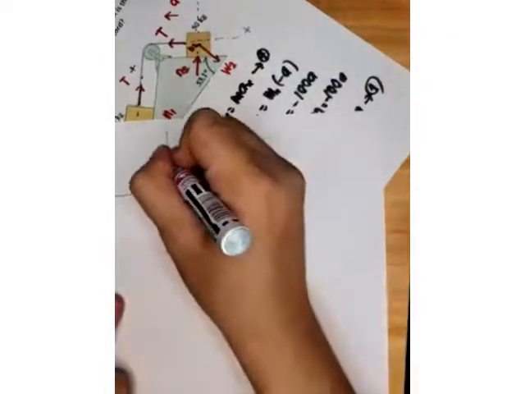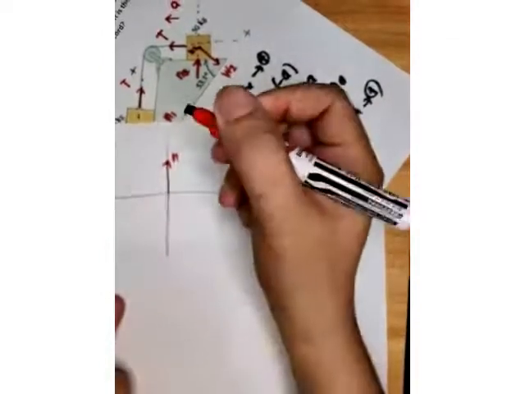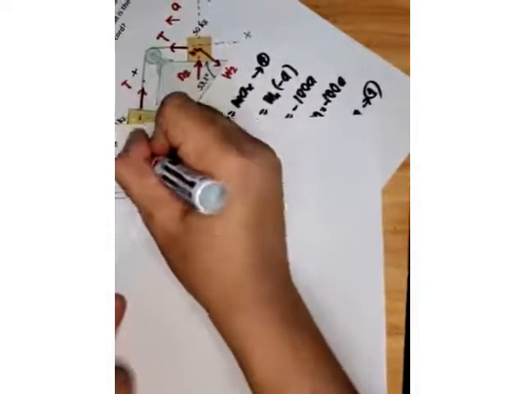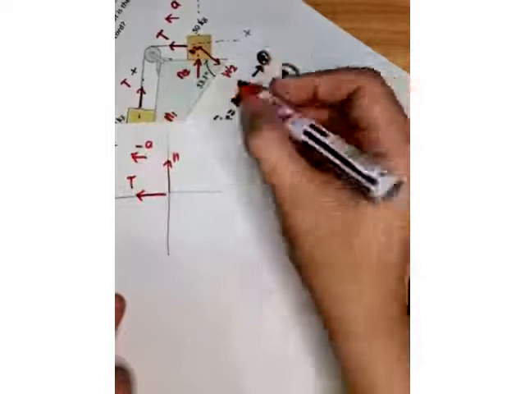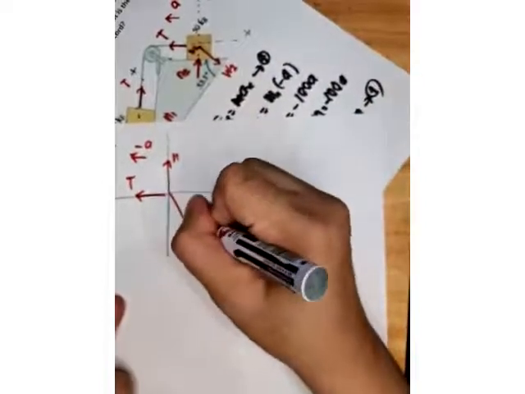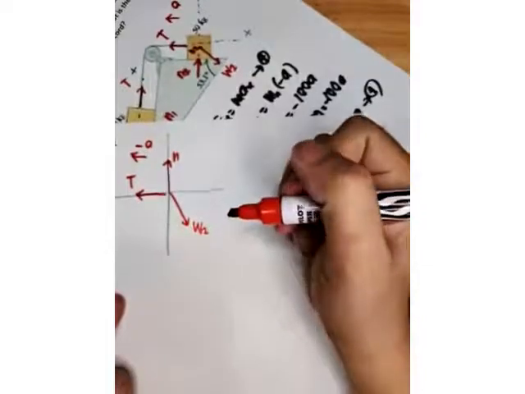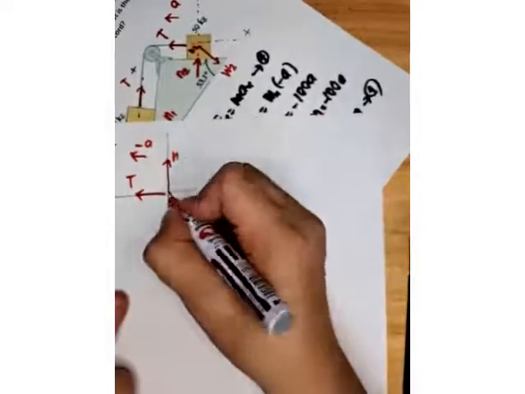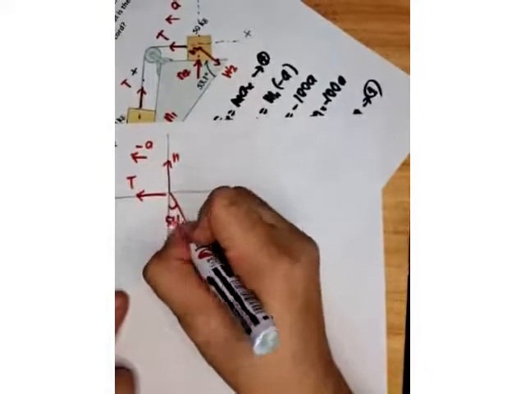Okay, so we can see normal is upward. Tension is to the left. Then acceleration is also to the left. And then weight is on the fourth quadrant. So nandito yung ating weight. And yung 53.1 degrees is dito. Ayan. Okay.